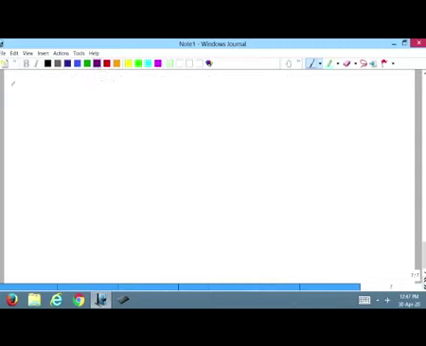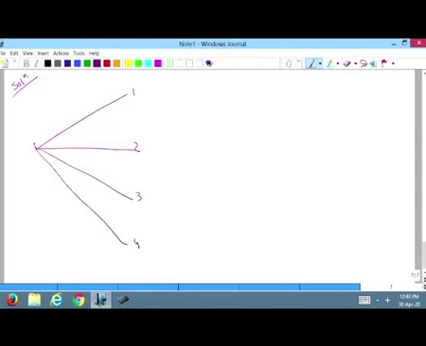So, in a very similar way, you start from here. Number of passengers may be 1, 2, 3 or 4.